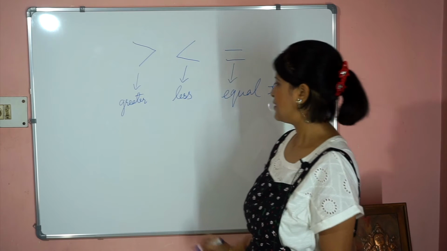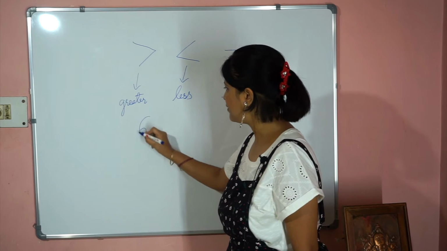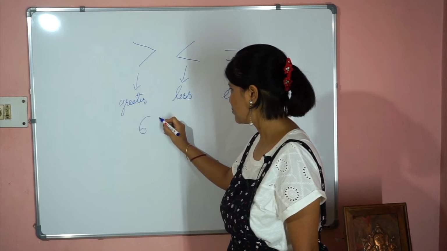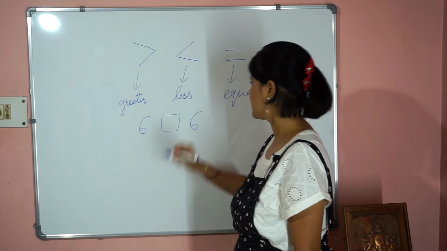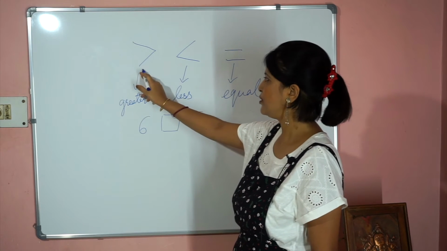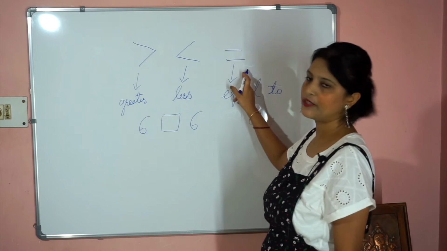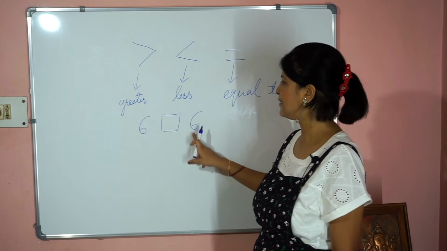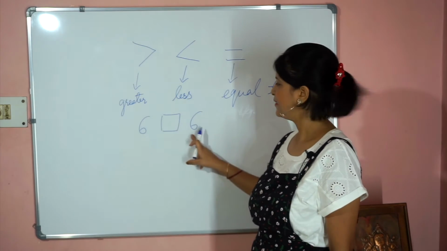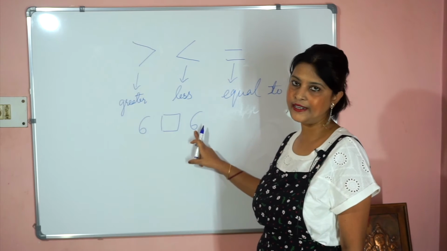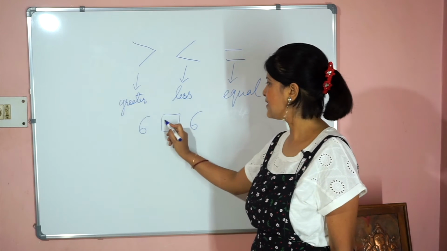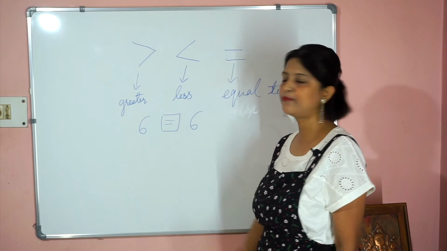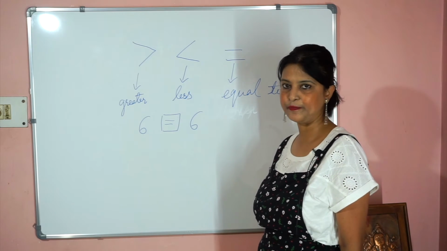Right. Suppose, what is the symbol or the sign to be used for this? Am I going to use this sign or this sign or this sign? We can see that these are two single digit numbers and they are the same. Since they are the same, I would fill up this gap with the equal sign.